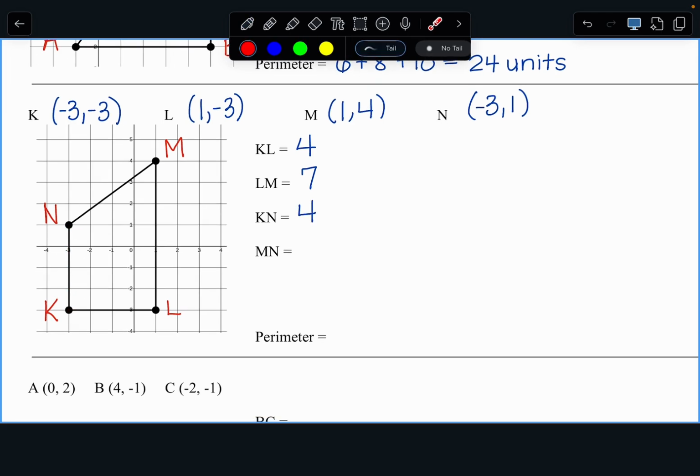But because M and N is a diagonal, we have to use our distance formula. Might want to pay attention to this.